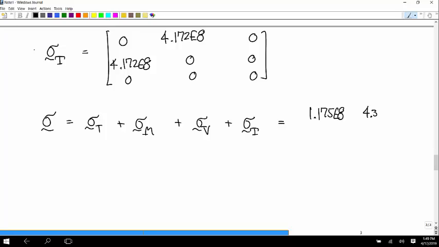Positive 4.332 times 10 to the 8 for the xy shear, and then it's symmetrical, and everything else is zeros.